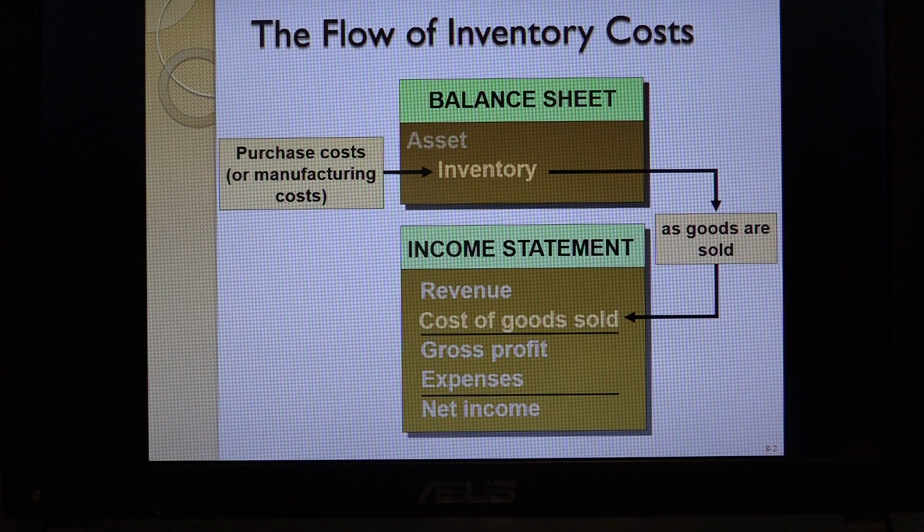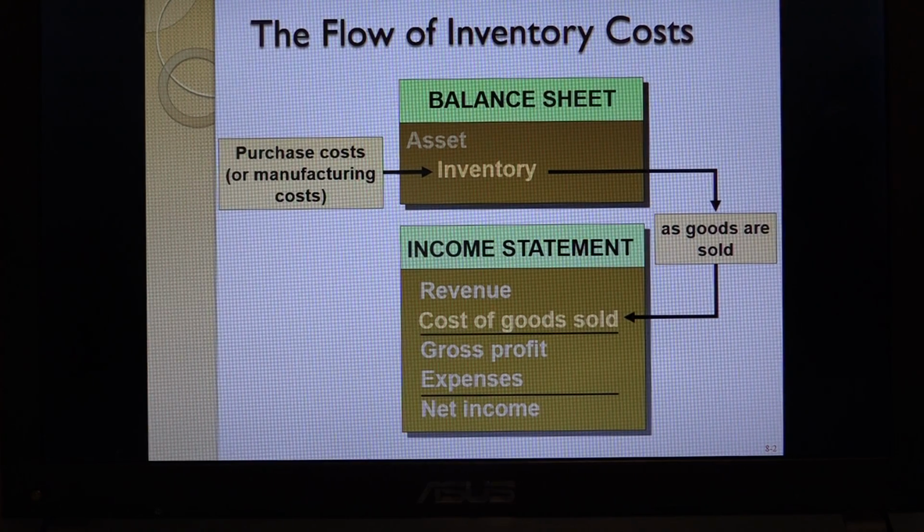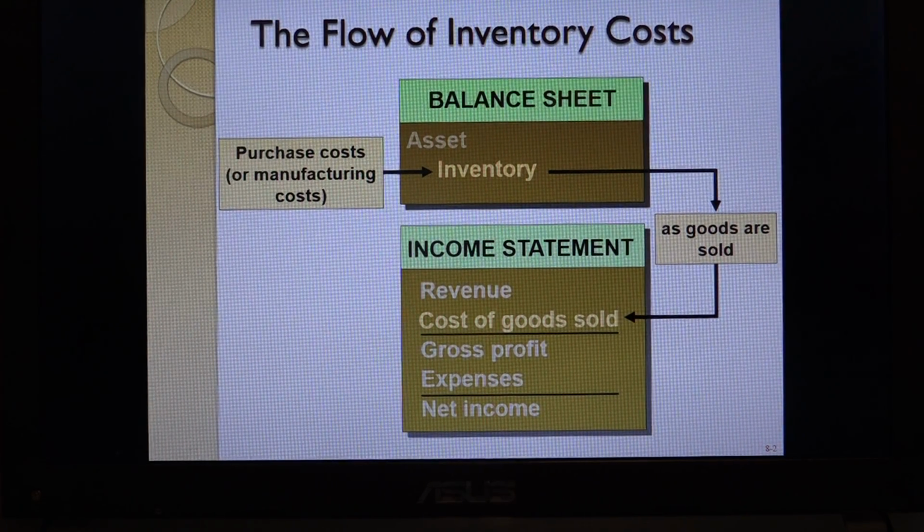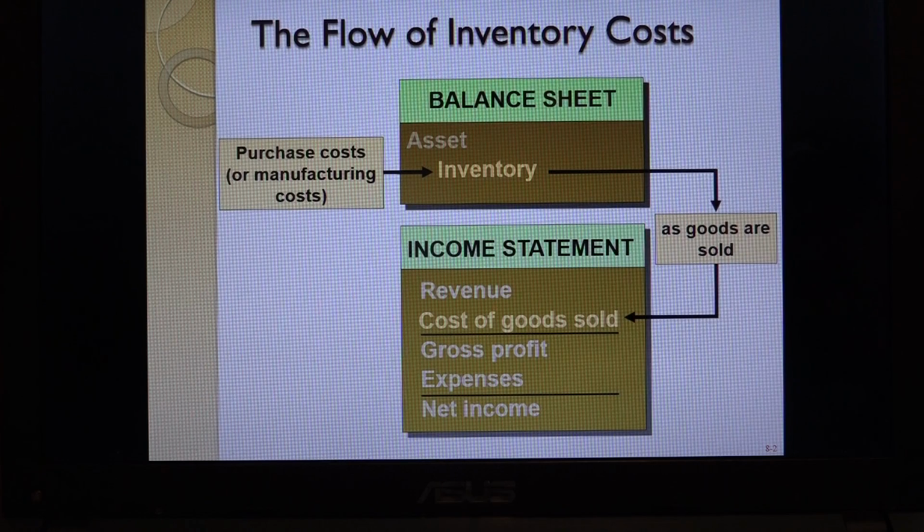the fact that in our income statement for merchandisers and manufacturers, the income statement has several different things in it that are different from a service company. Service companies don't have this thing called cost of goods sold. They just have revenue.